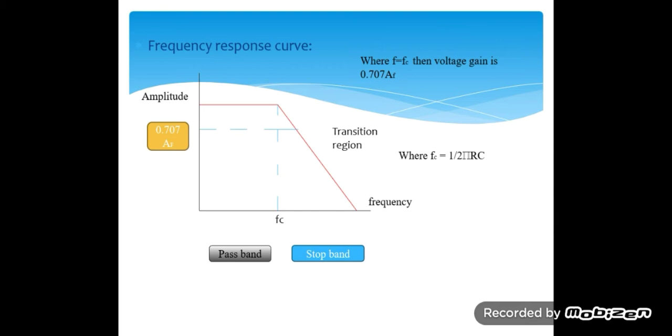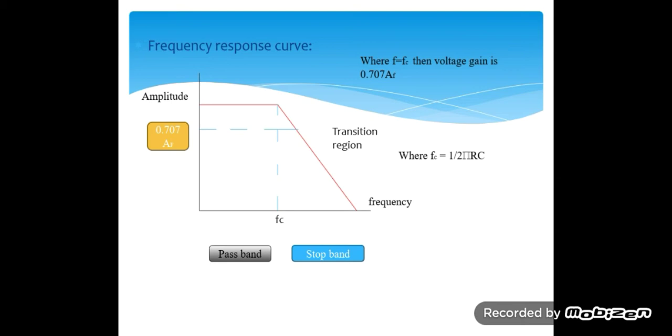range, right? Based on our understanding, we plot the frequency response curve. When R and C increase, our FC will decrease. When R and C decrease, FC increases, so it is an inversely proportional relationship, right?